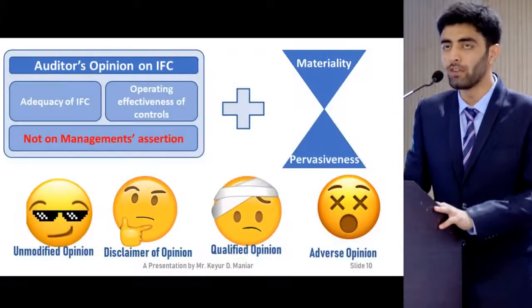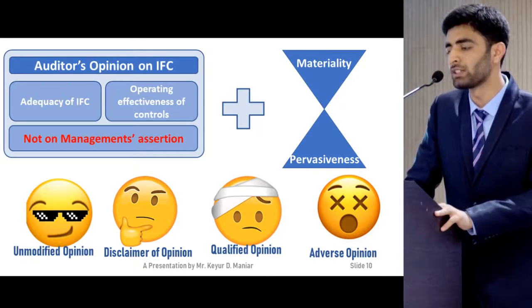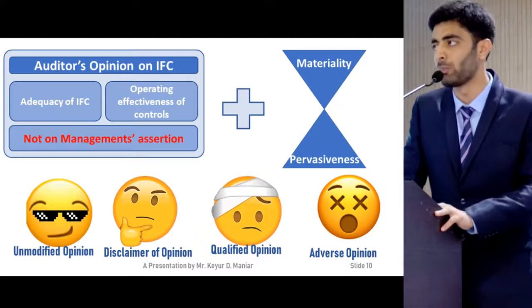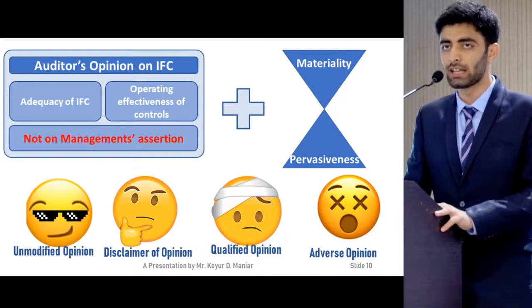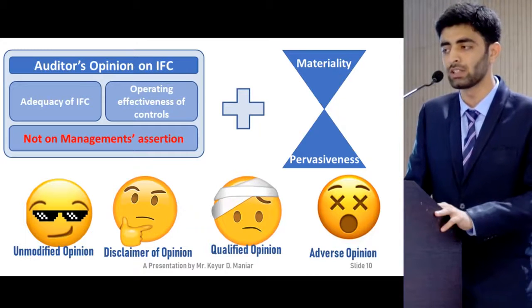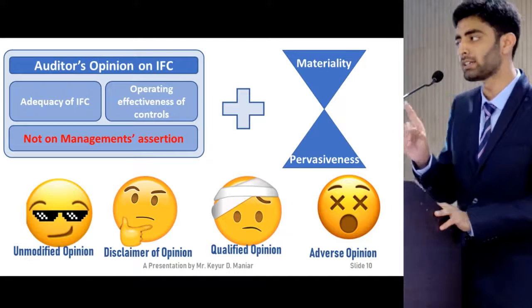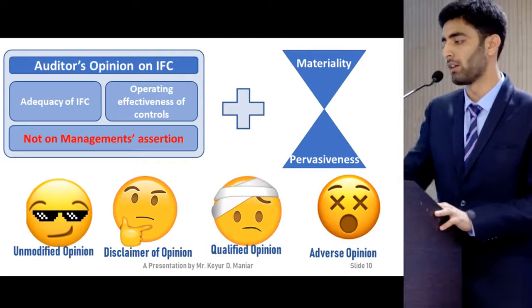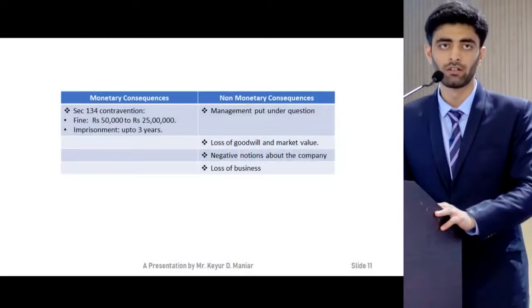Auditor's opinion. Well, we know, right, there are two major kinds of opinion which an auditor can give, which is an unmodified and modified opinion. So what forms the basis of the opinion remains rather the same things: adequacy of the IFC and operating effectiveness of the controls, and not what the management had asserted in its responsibility statement. What is the impact of the auditor's opinion?